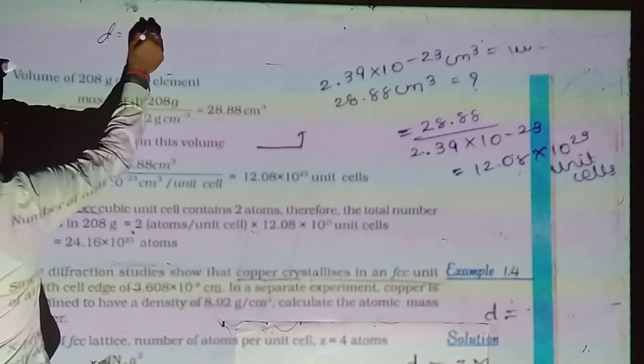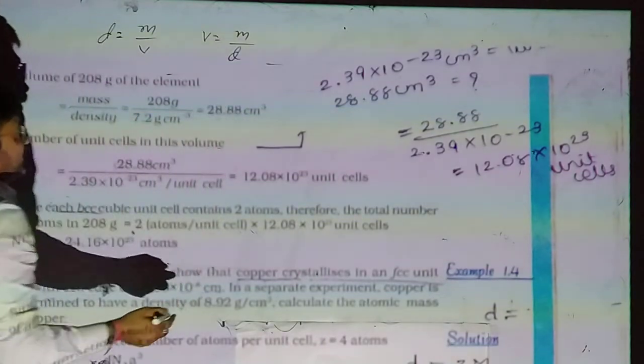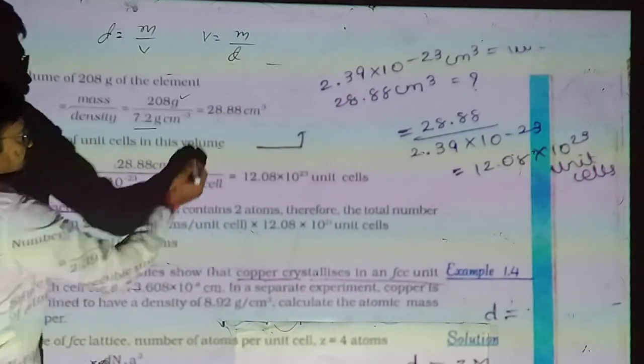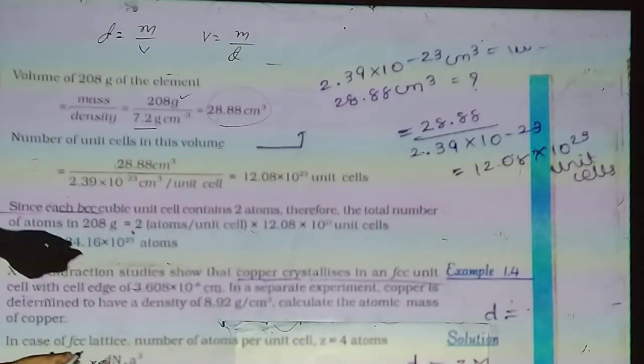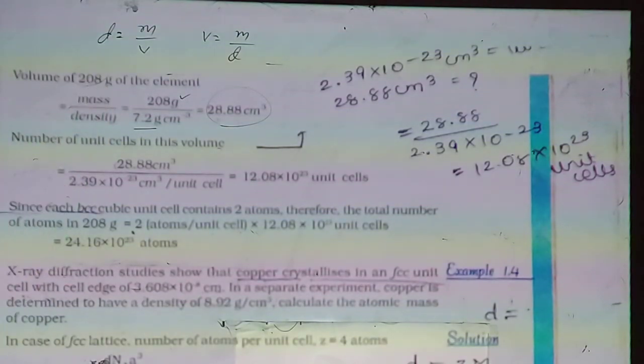Density is equal to mass upon volume, so volume is equal to mass upon density. 208 gram upon 7.2, so 28.88 centimeter cube. So the number of unit cells in this volume of 208 gram of the element.